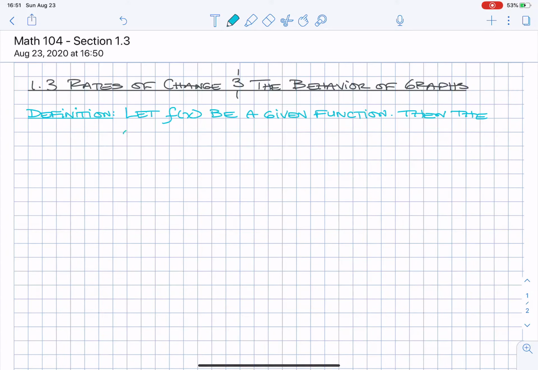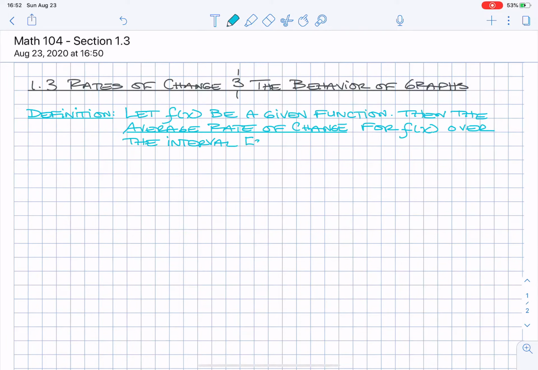The average rate of change, that's what we're defining, the average rate of change for f of x over the interval, and this interval is part of the domain, so closed at A to closed at B, is given by, and we'll call the average rate of change ARC.